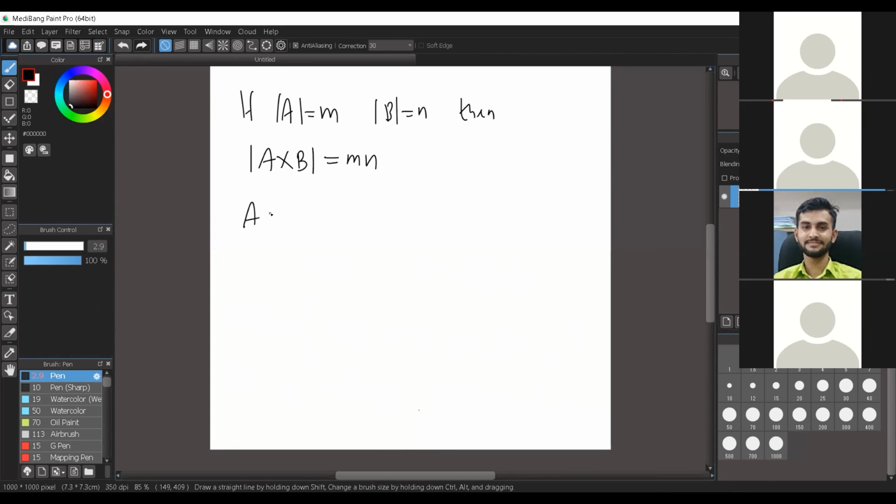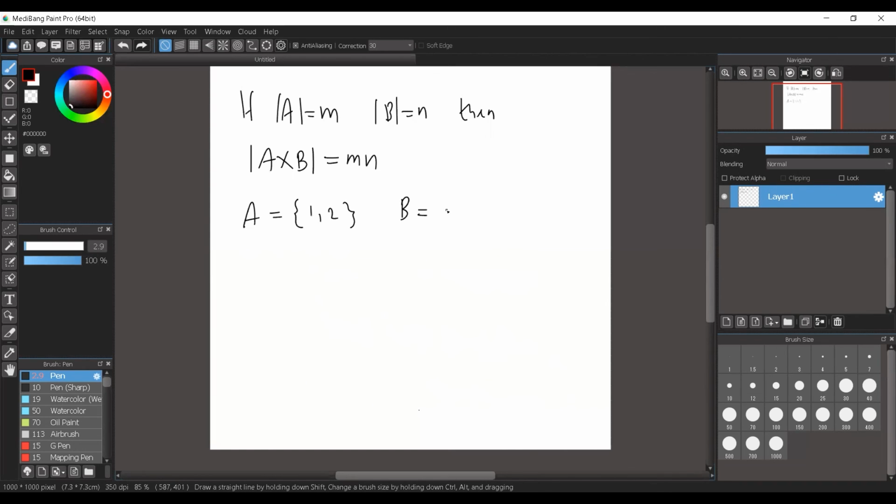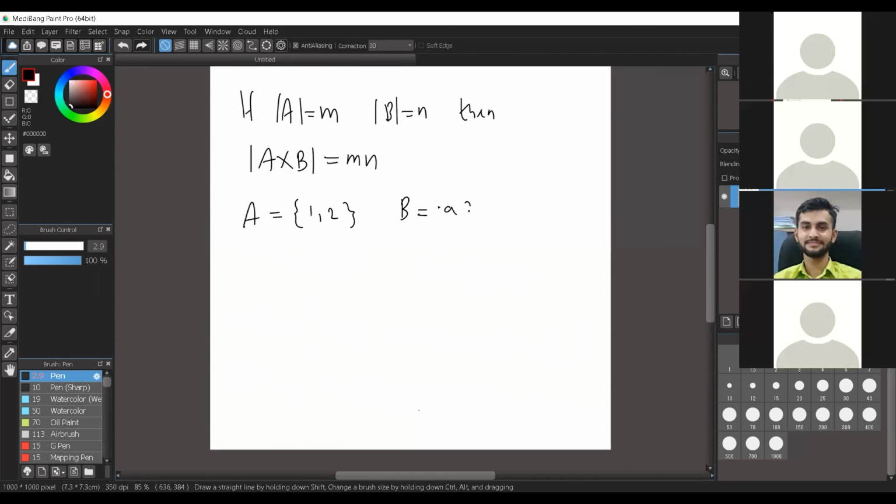If we have set A as {1, 2}, and set B is {a}. Now, what is the modulus of A? 2. And the modulus of B is 1.